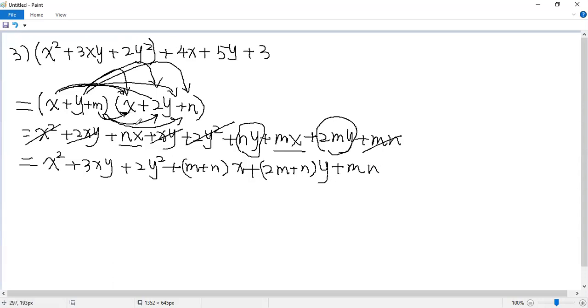Because the two polynomials are equal, the corresponding coefficients should be equal. m plus n equals 4. And 2m plus n equals 5. And m times n equals 3.